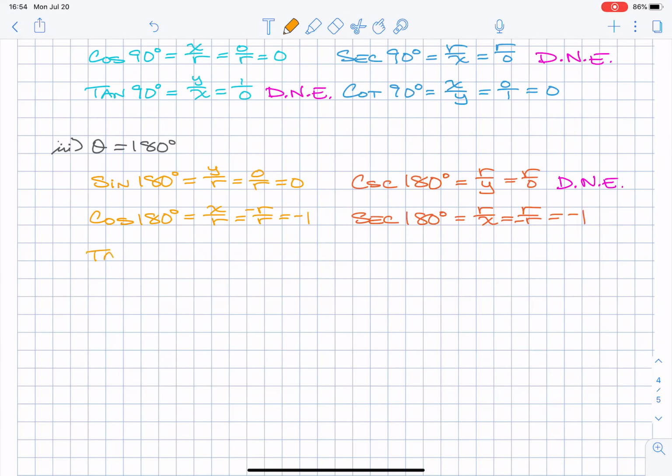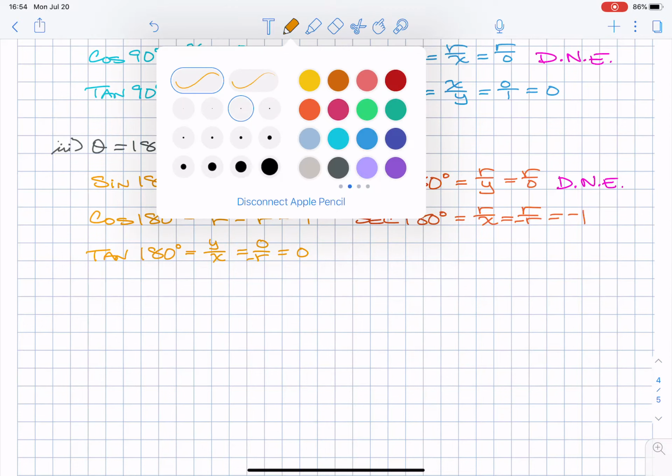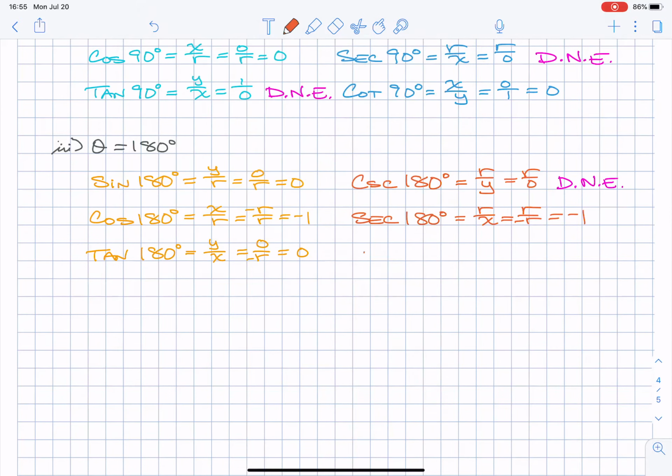So tangent of 180 degrees, let's see if I can do this one right, is going to be y over x, which is 0 over negative r, which is 0. Okay, that's okay. But what about the reciprocal, cotangent? Cotangent of 180 degrees is x over y.